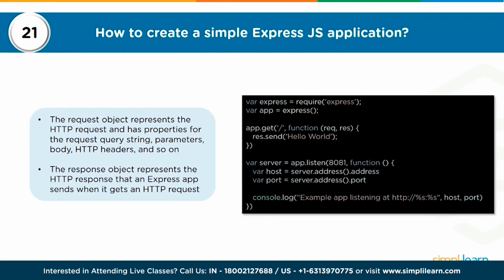In this instance, it runs on localhost, port 8081. So you can go to localhost 8081, and that will trigger the application that will forward up the message, hello world. And it's all coming from Express.js.